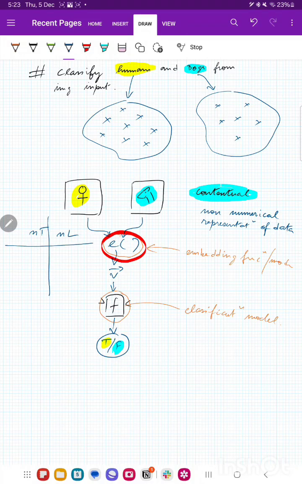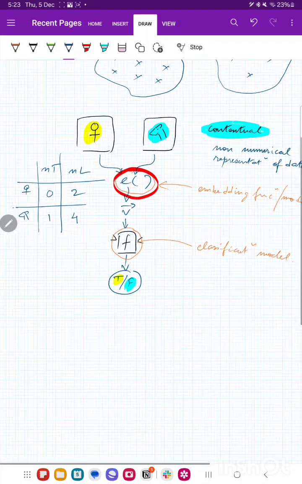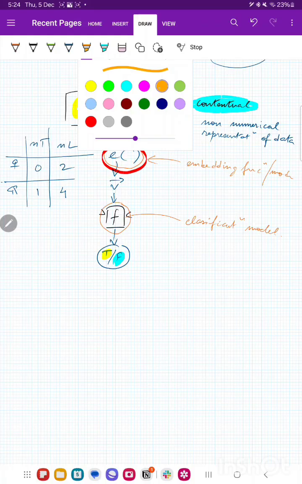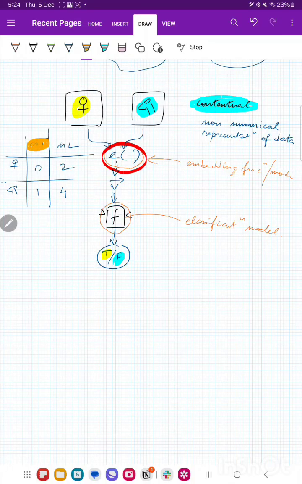So if we tabulate humans against dogs, a human would have 0 tails and 2 legs, a dog would have 1 tail and 4 legs, right? So basically, based on these two attributes here, we are able to numerically extract some data from these contextual inputs, right?